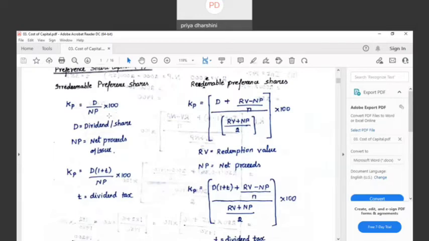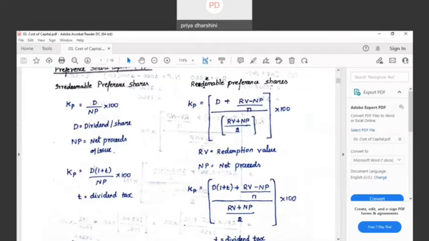This is when dividend distribution tax is not imposed on the company. We discussed one sum in dividend policy where the dividend distribution tax was exempt in the hands of recipient and was taxed on the company. When dividend tax is taxed on the company, when the company is supposed to pay the dividend tax, how much will become the cost of preference shares?